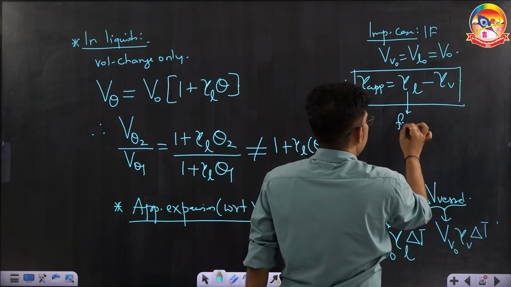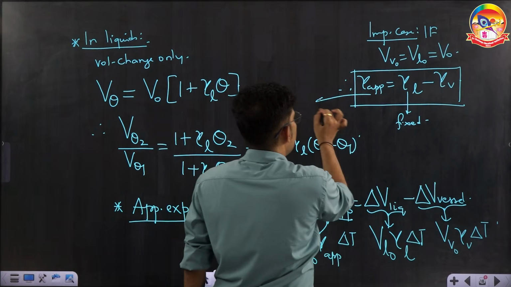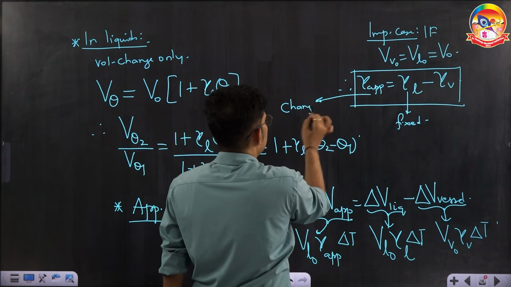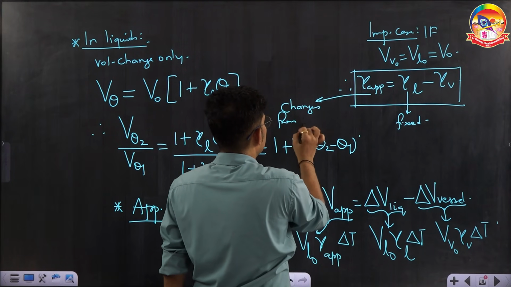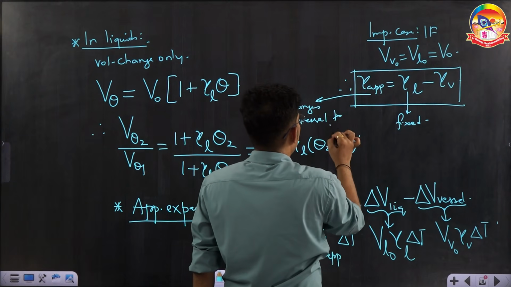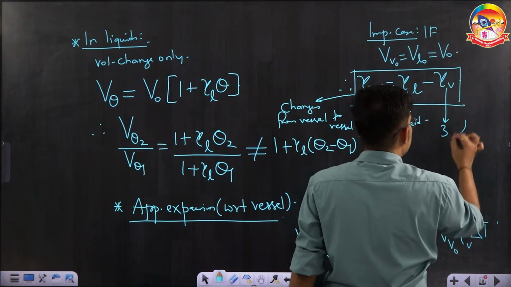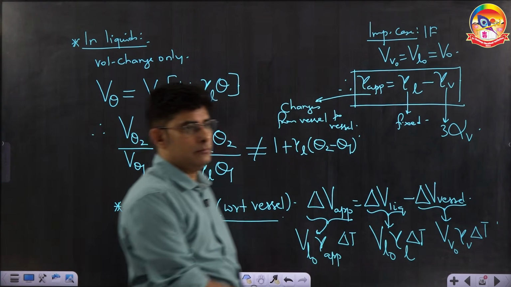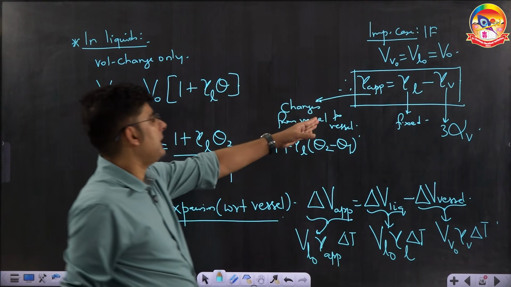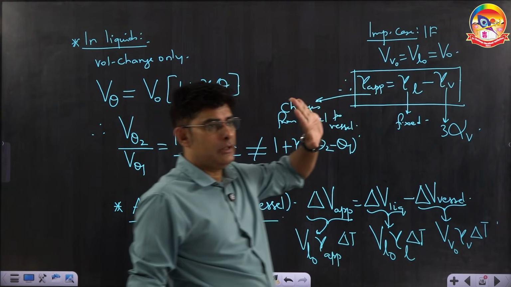Gamma liquid is fixed for a liquid, gamma apparent changes from vessel to vessel, and gamma vessel can be written as 3 times alpha of the vessel. So you can use this directly, understood?